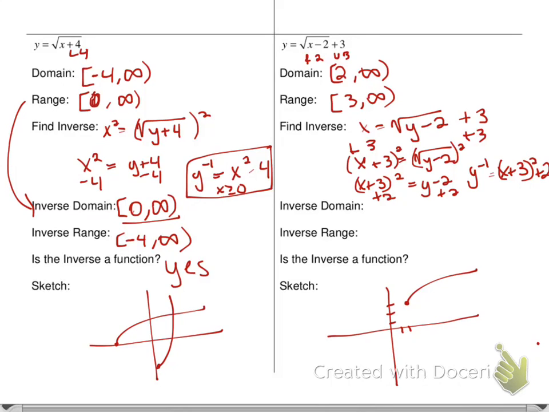So that moves the function to the left 3. I'm sorry, this right here should have been right here. I should not have added 3. What should I have done right here? Someone's got it. I should have subtracted 3 in the very beginning. Okay, so I'm going to move to the right 3 and up 2.